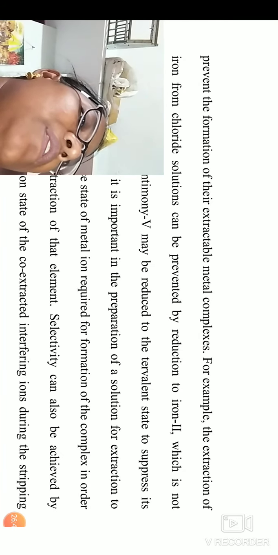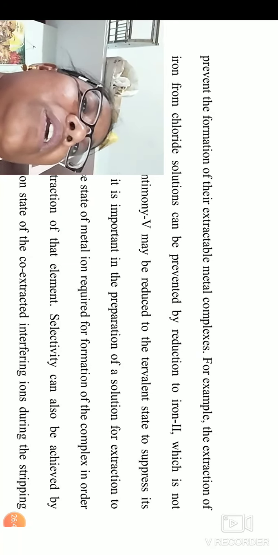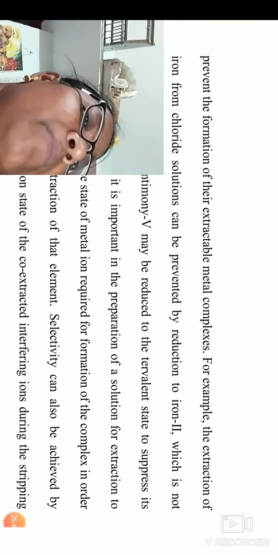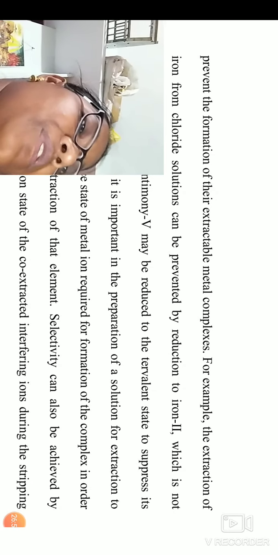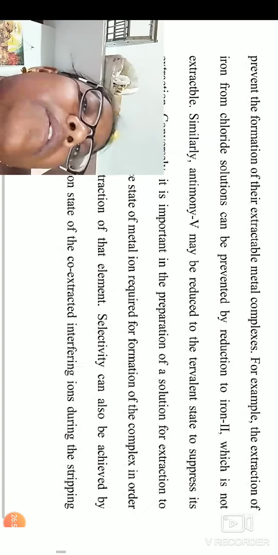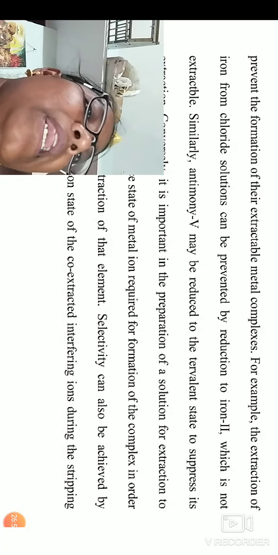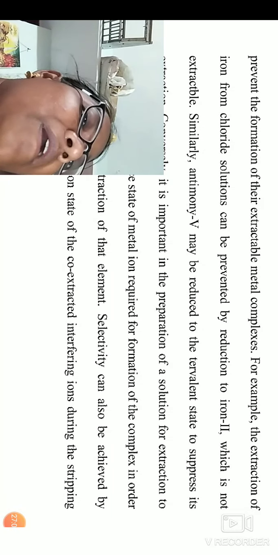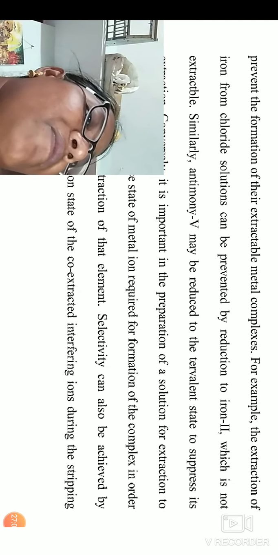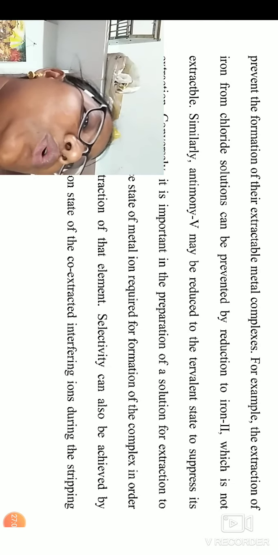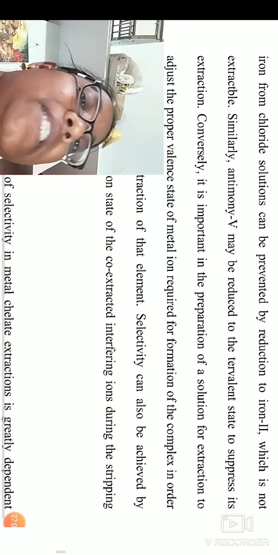For example, the extraction of iron from chloride solutions can be prevented by reduction to iron 2, which is not extractable. Similarly, antimony may be reduced to the trivalent state to suppress its extraction.